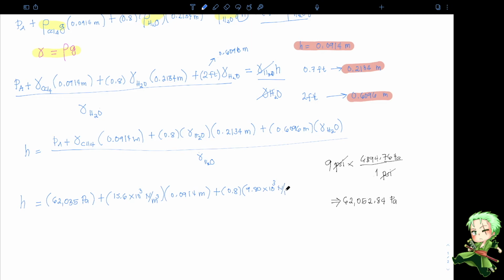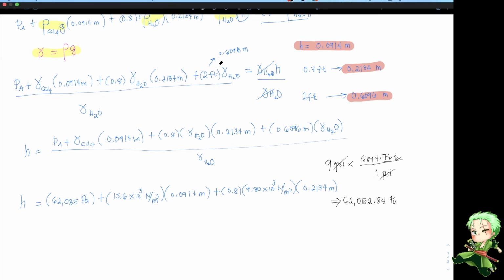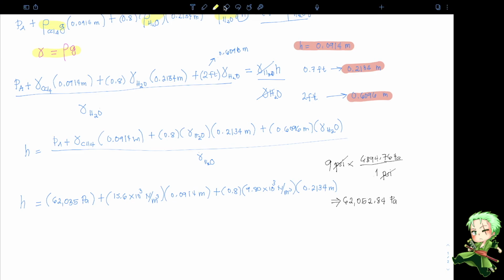Okay, and you multiply it by 0.2134 meters. Since we have already used this 62,000, I'm just going to erase this one because I lack space.